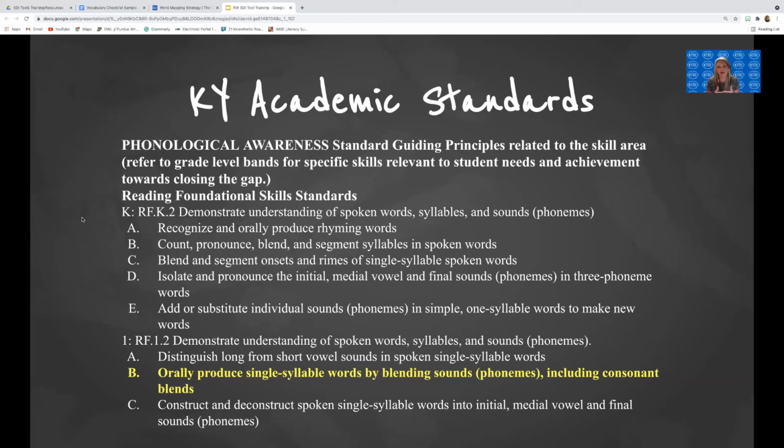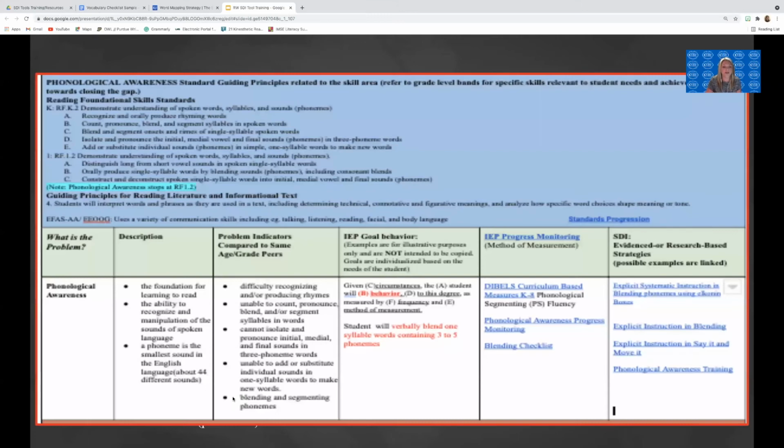That is where some of the confusion comes into play, but that's not what it is saying. It's just a standard of what they need to work on. For example, with John, we are looking at first grade. This is from the first grade standards. It's still aligned to the Kentucky Academic Standards, not just third grade. It's first grade because this is what he needs in order to progress to the third grade standard.